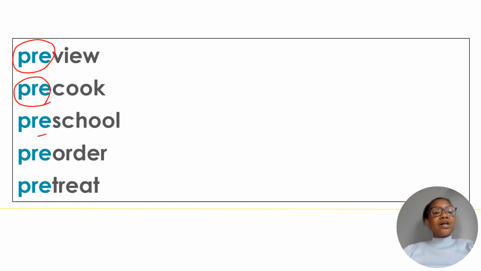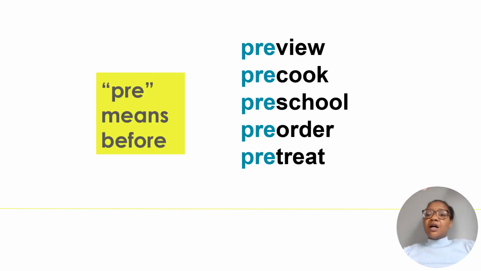Remember, the prefix pre means before. And when you see a word that starts with pre, you'll know it often implies an action or an event that happened before another.